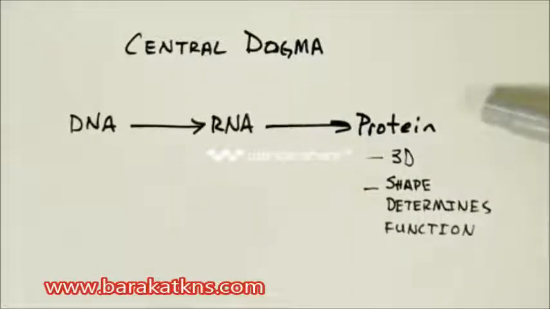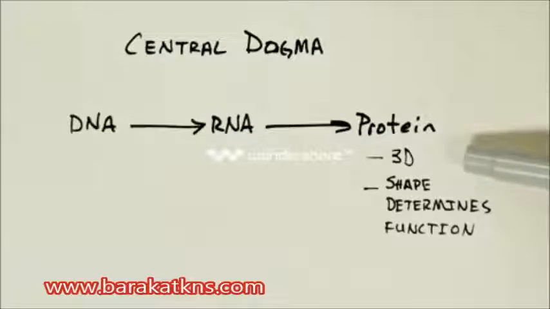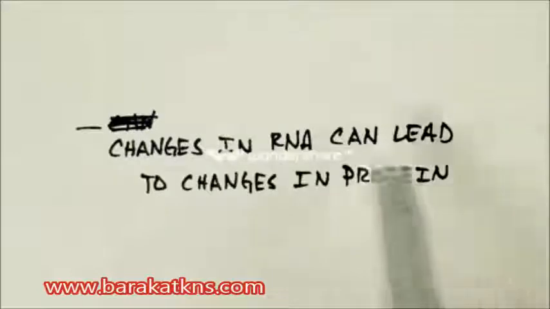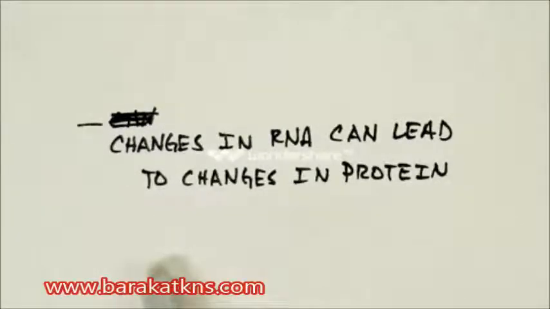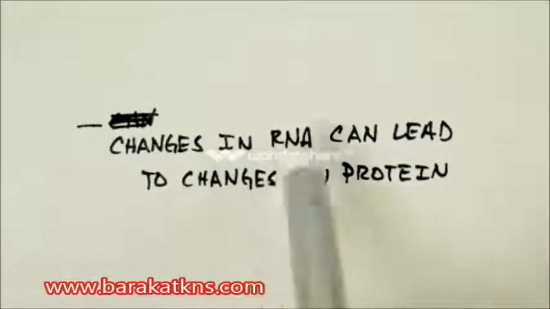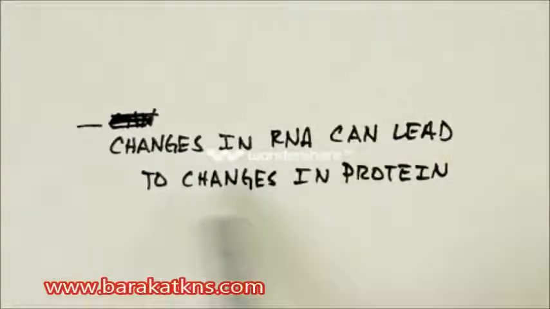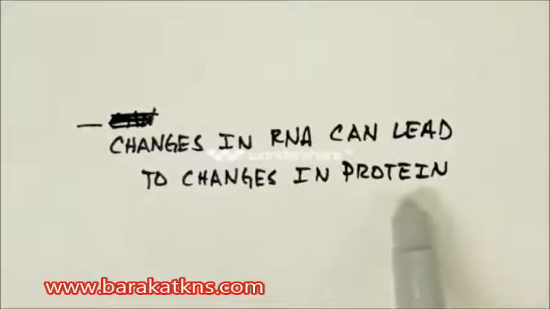What's interesting about proteins is they are three-dimensional in shape, and their shape will help determine their function. We will see how this comes into play when we talk about the different proteins that are involved in influenza A. So essentially what's important about the central dogma is the idea that changes in the RNA can ultimately lead to changes in the protein. And those changes in the protein have the ability to change the shape of the protein, thereby possibly changing the actual function of the protein.